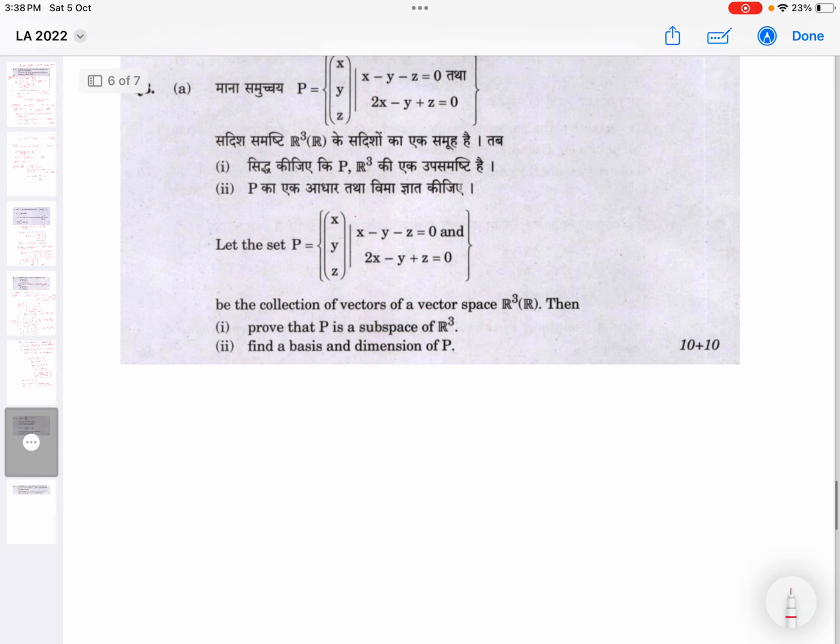So now we have to say, prove that P be the collection of vectors in R cube, vector space R cube, field R, this is vector space, this is field. You might have studied all these things like what is vector space, what is field in the theory part.